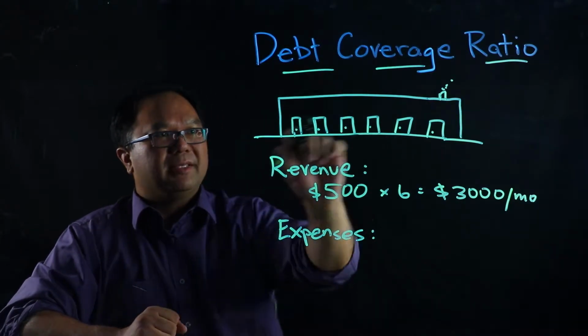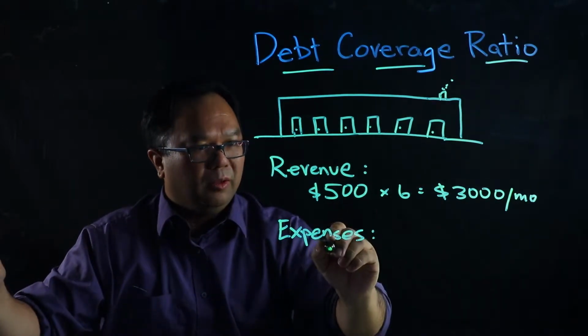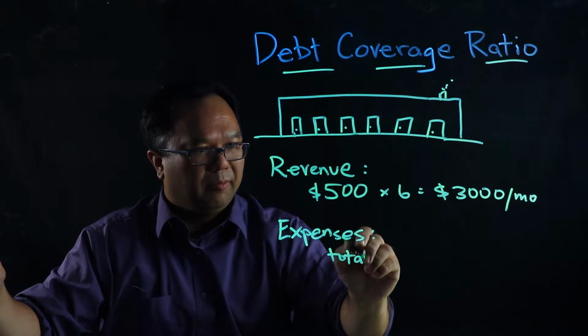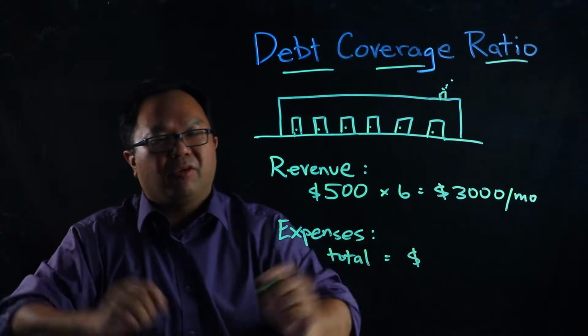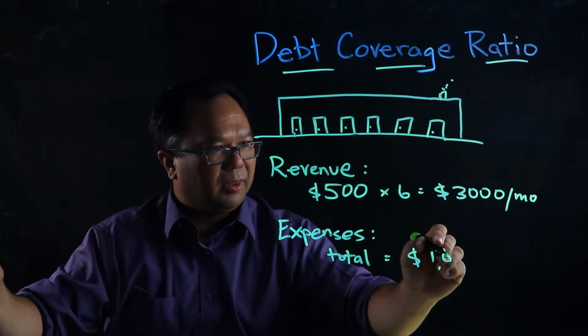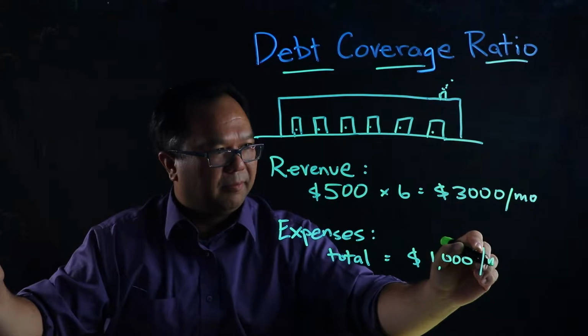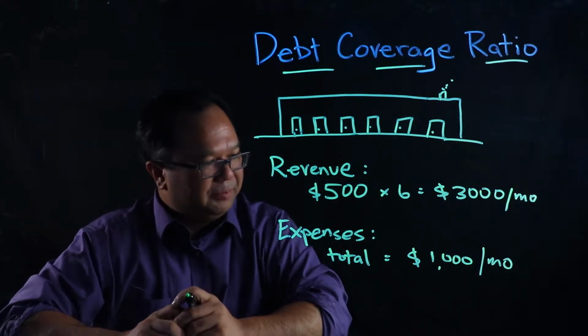So let's say for this 6-unit property, per month, the expenses total about 30% of the revenue. Let's say the total comes out to $1,000 a month. Again, of course, a very simplified example.